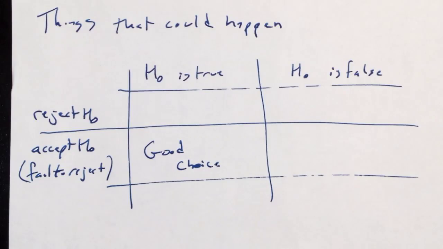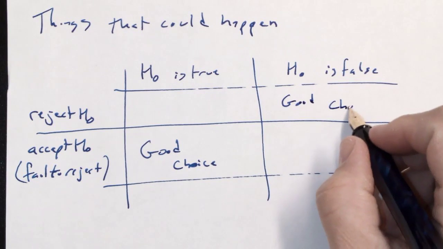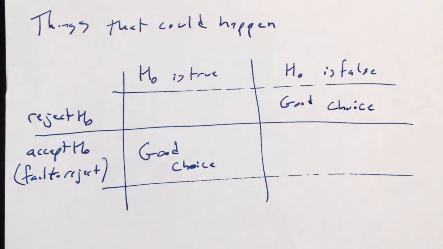There's another good choice up here. Where's my other good choice? H0 is false. So now let's think of what the other two boxes are.